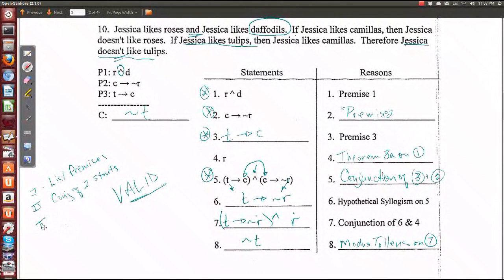Step 3 is we're going to use modus ponens or modus tollens or hypothetical syllogism to simplify. And step 4 is to repeat if necessary.